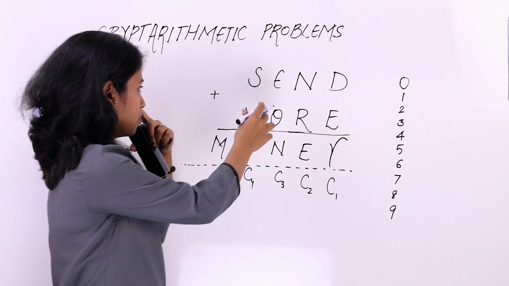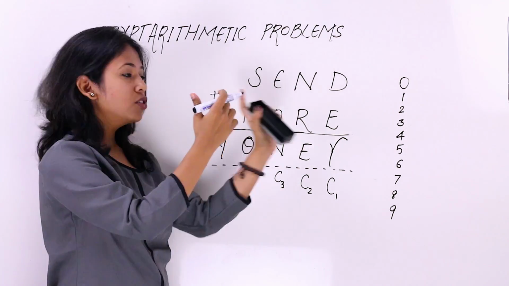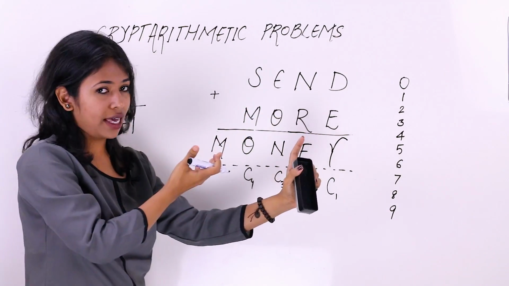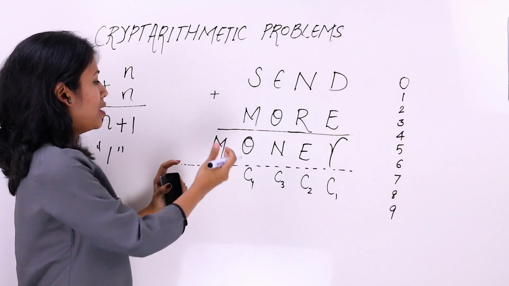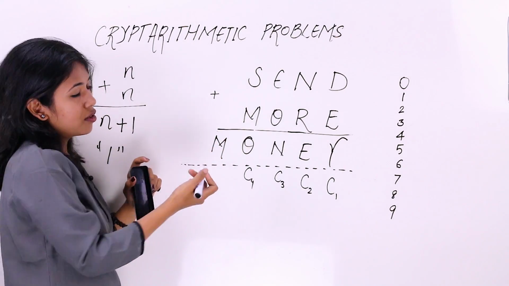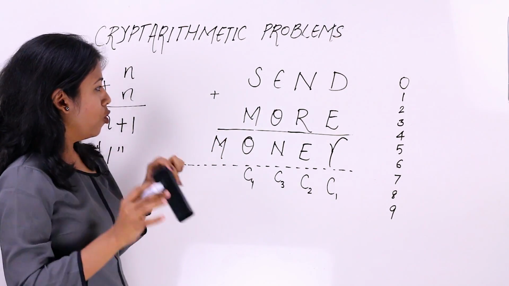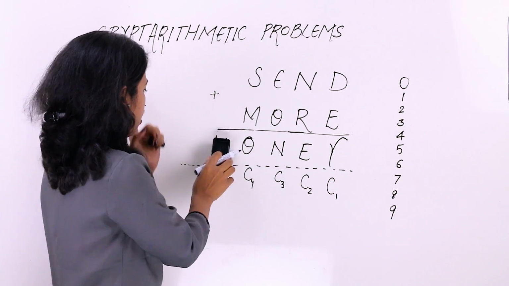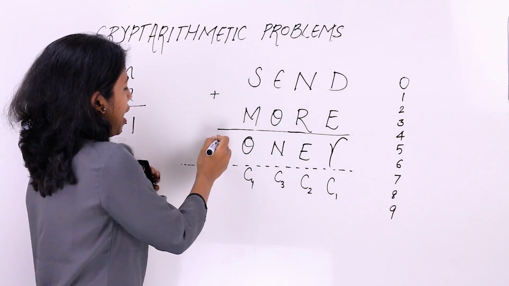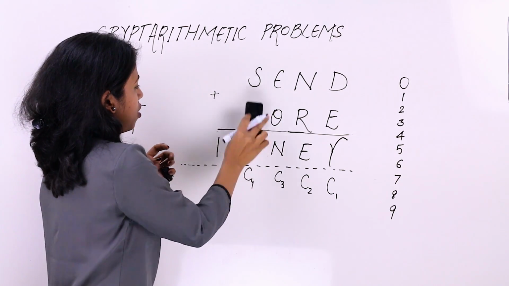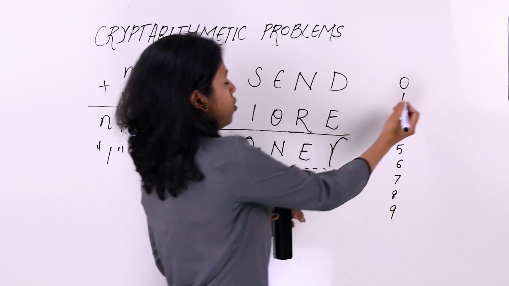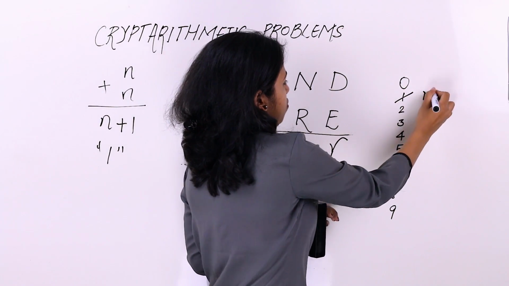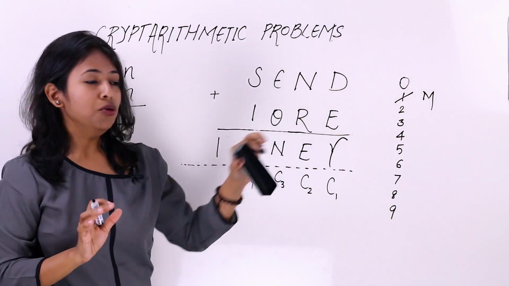Similarly, here we have two numbers which have 4 digits each, but the result has 5 digits, which essentially means that the leftmost digit is going to be 1, right? So I hope this is very clear. So I'll substitute M with 1. Now we have M as the value 1, right?